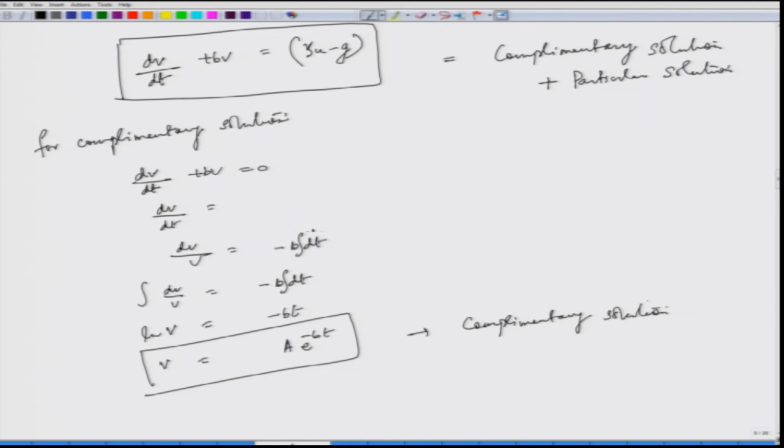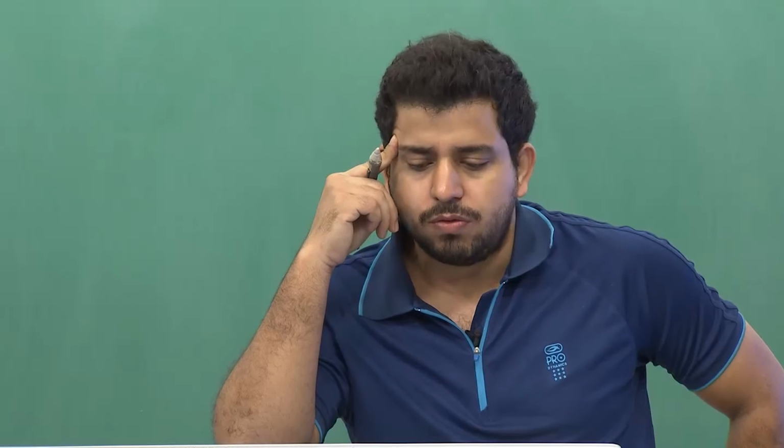Now, the particular solution. What will be the particular solution? The particular solution depends on the right hand side, that is, what kind of right hand side I am having. Our equation is dv by dt plus b times v is gamma u minus g. So, the right hand side is a constant; it is neither a function of t nor a function of v.